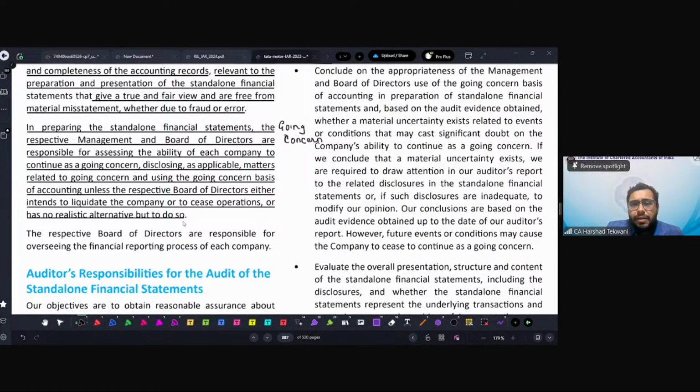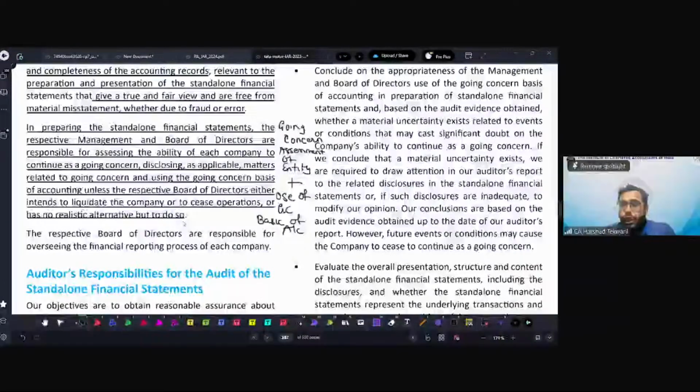Going concern assessment of the entity, plus use of the going concern basis of accounting. That is with respect to the management's responsibility: it is the responsibility of management first to perform the going concern assessment, then to use the basis of accounting, whether going concern or any other.